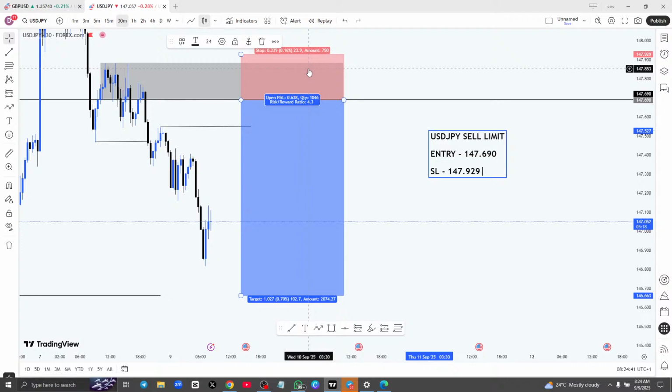And the target, which is our take profit, is 146.663. Pretty much 1:4. So let's see how this sell is gonna go.